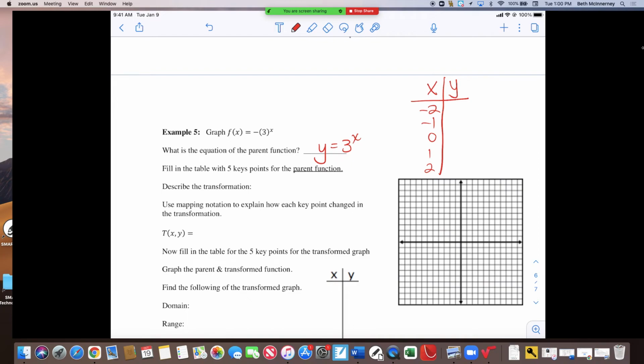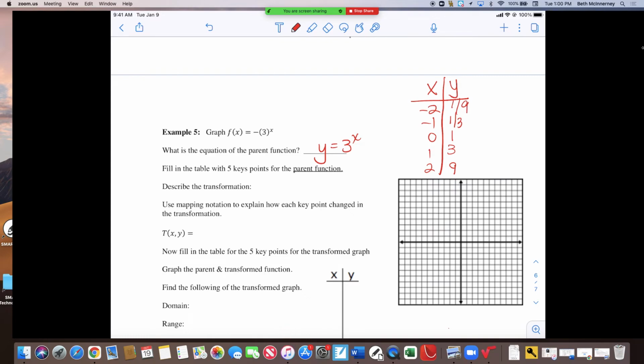So plug those in. 3 to the 2 is 9. 3 to the 1 is 3. 3 to the 0 is 1. 3 to the -1 is 1/3. 3 to the -2 is 1/9.